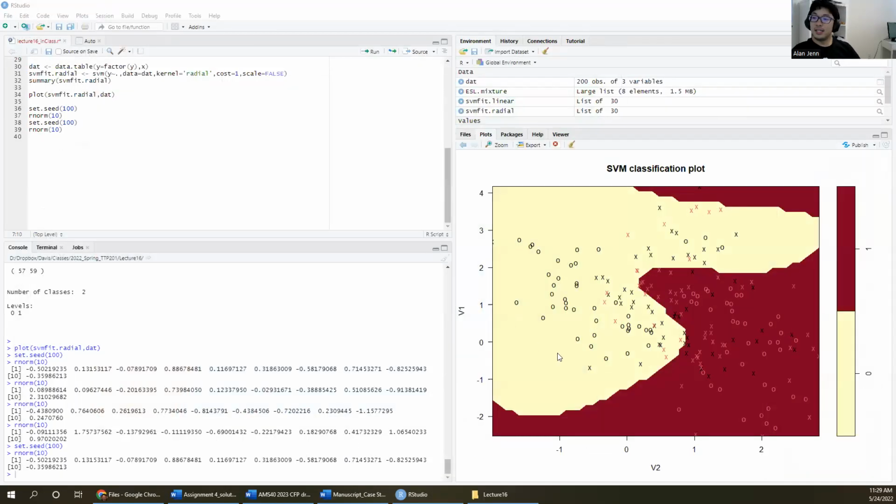The SVM doesn't really let us do that. It doesn't give us the ability to do the interpretation that a logistic regression would provide. And if you imagine the plot that I just drew that had these lines, that's analogous to our linear regression versus our splines, right?